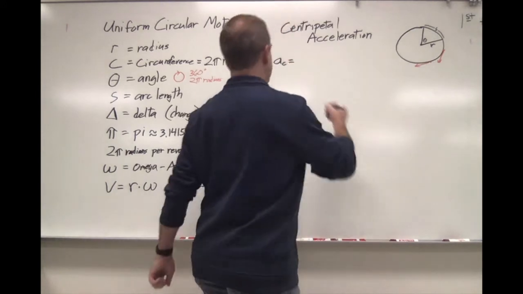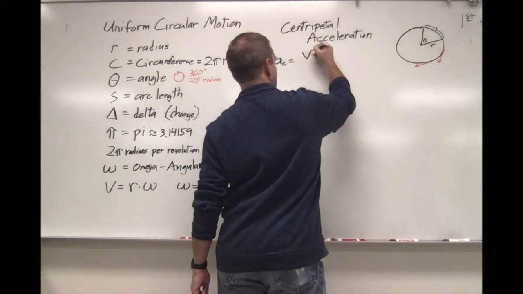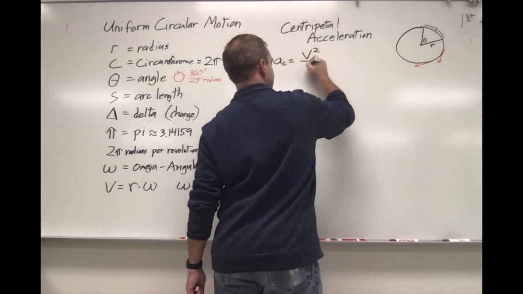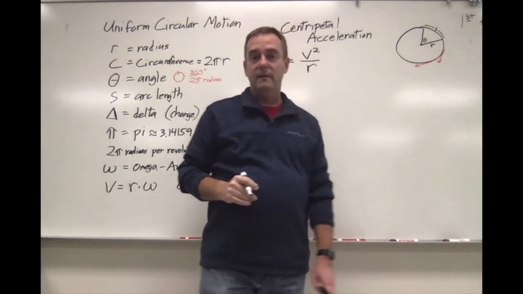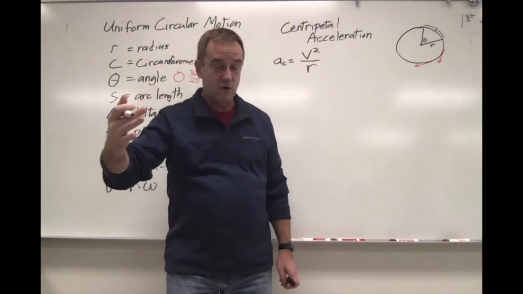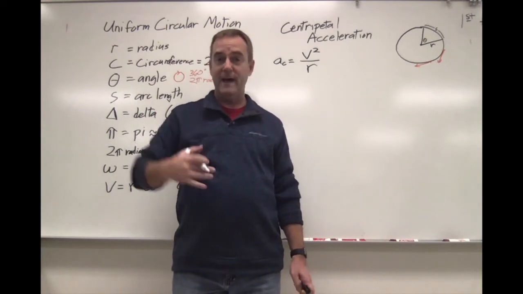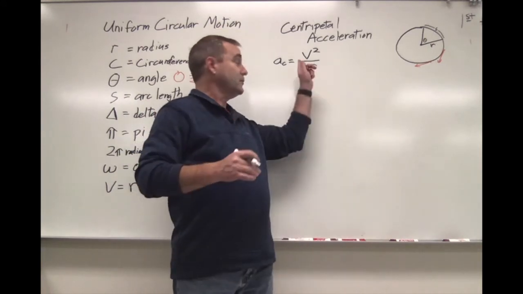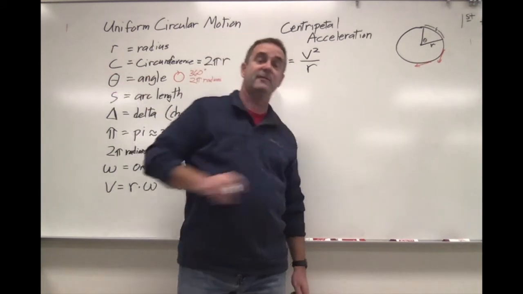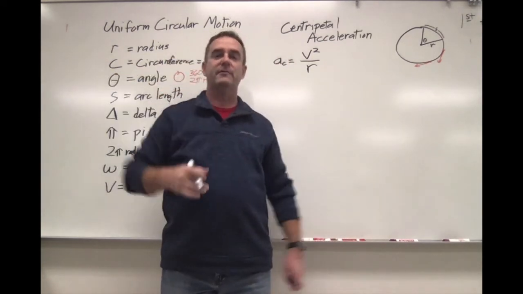Here's the first one. Take the linear speed and square it and divide that by the radius. That will tell you the acceleration that the object on the outside of the circle is experiencing for the purpose of having that circular motion. But that's in terms of linear speed, how fast something's moving along the outside of the circle.